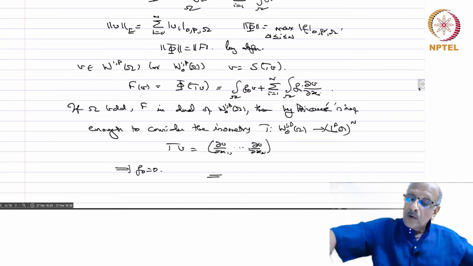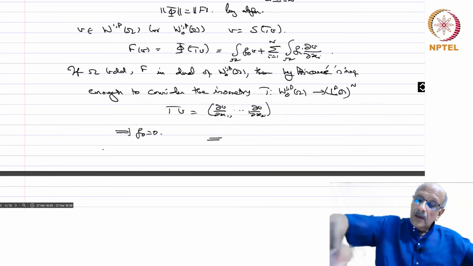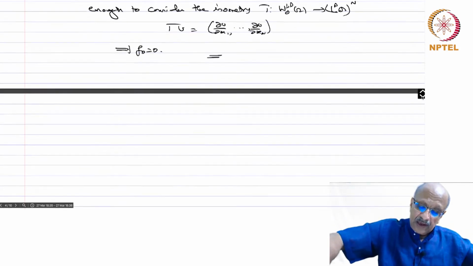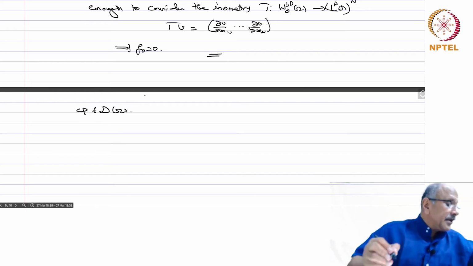Now how does this justify our notation? Let us take phi in D(omega).